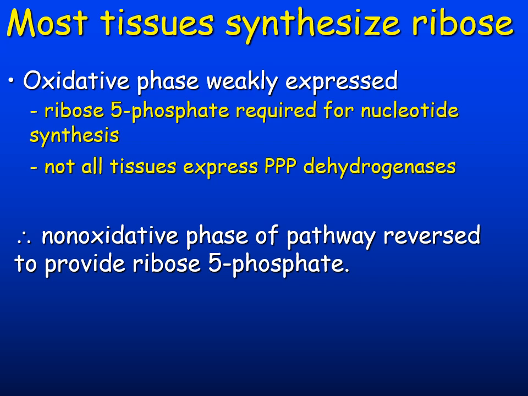So for these tissues, rather than bothering to express those dehydrogenation enzymes, all they do is reverse the bottom half of the pentose phosphate pathway, that is the non-oxidative phase of that pathway. If you reverse it, you can produce all of the ribose 5-phosphate that you require.